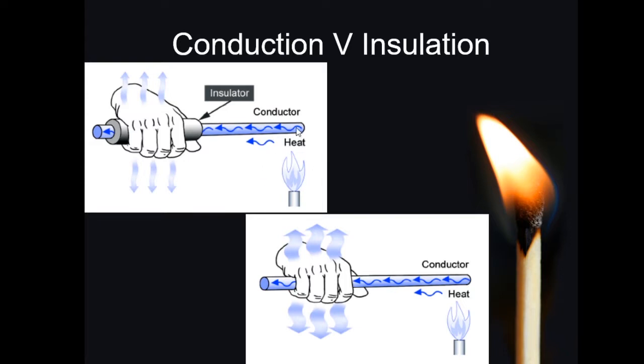So we can see here that the hand will not feel the heat from the conductor right away because it has an insulator, right? Unlike the picture in the bottom, where the hand is directly touching the metal, a metal stick, which means he'll immediately feel the metal stick getting hotter and hotter in his hands, right? The top picture will not because it has an insulator.